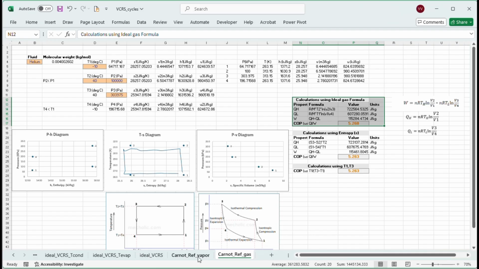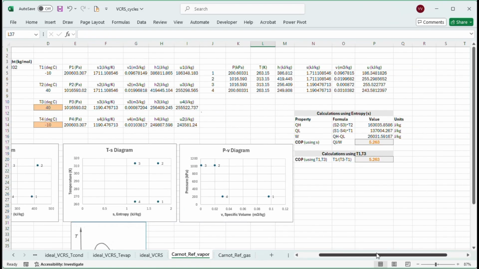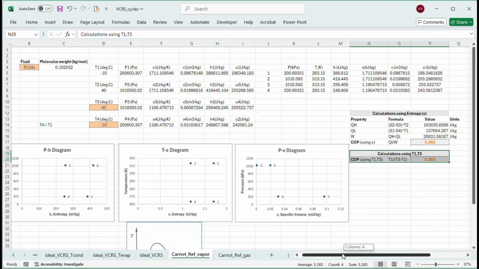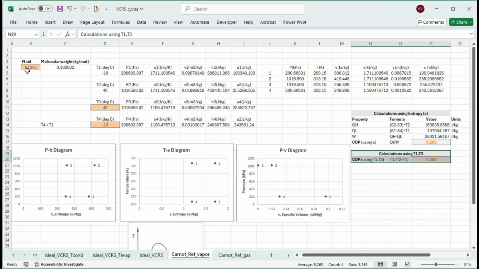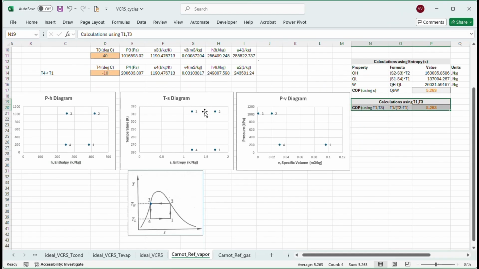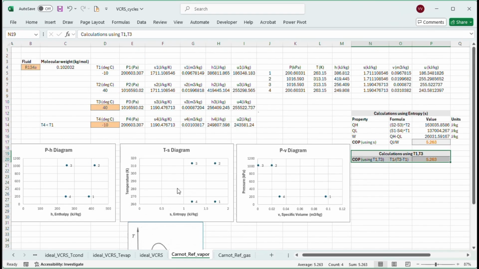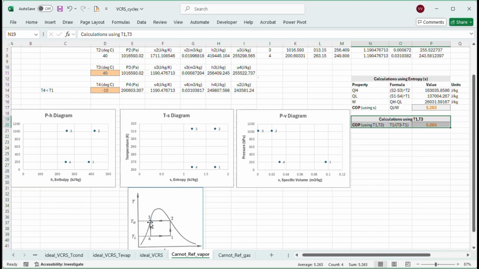We could calculate the same using the other two methods, the area under the TS diagram and also the two temperature method. Okay, so here we are doing R1, we are using R134A, and we are calculating the properties for a TS diagram, and it's most likely inside the vapor dome like this.